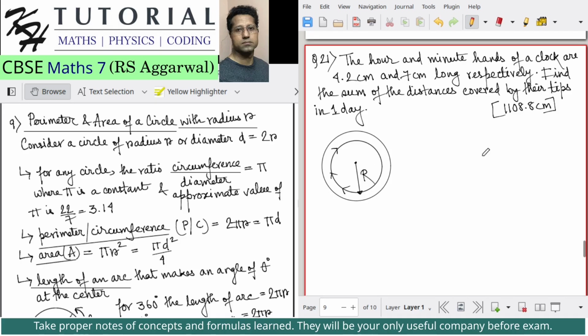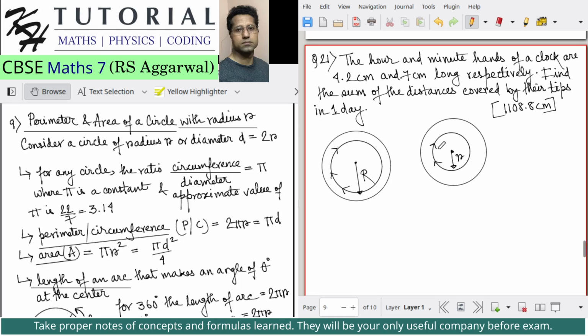Similarly, let's say we have the same clock, and this is the minute hand. Let's say the length of the minute hand is R. When it is moving, it is also moving in the path of a circle.